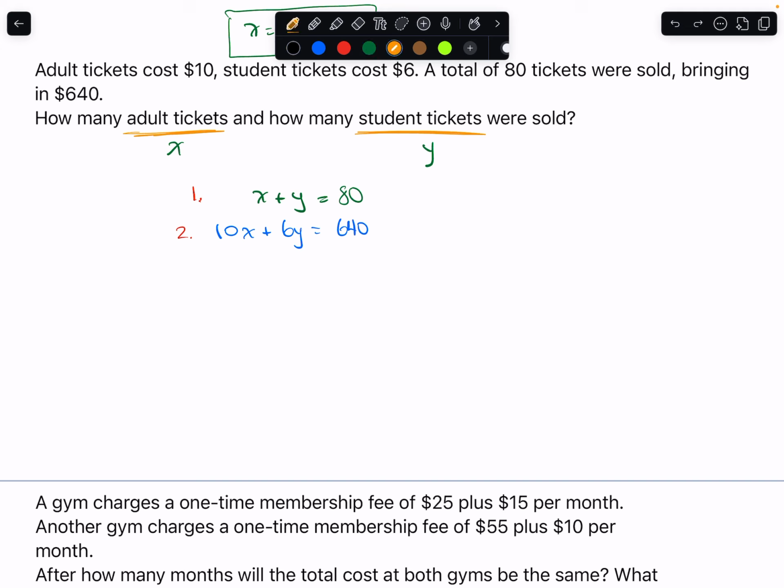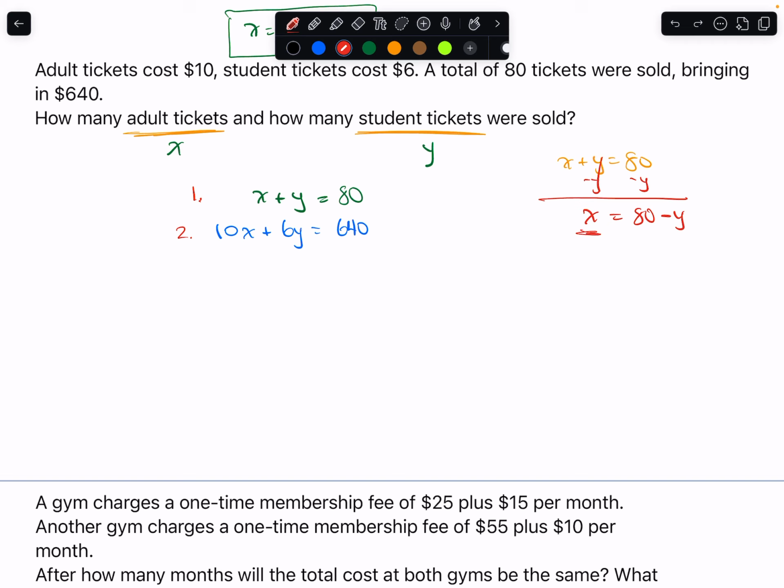I'm going to write out our equation 1 on the side again, and let's pretend like we're solving only for x. So that means I want to get y moved away. So I'll do minus y, and here x equals 80 minus y, which means anytime I see an x in my second equation, I can just plug in 80 minus y.